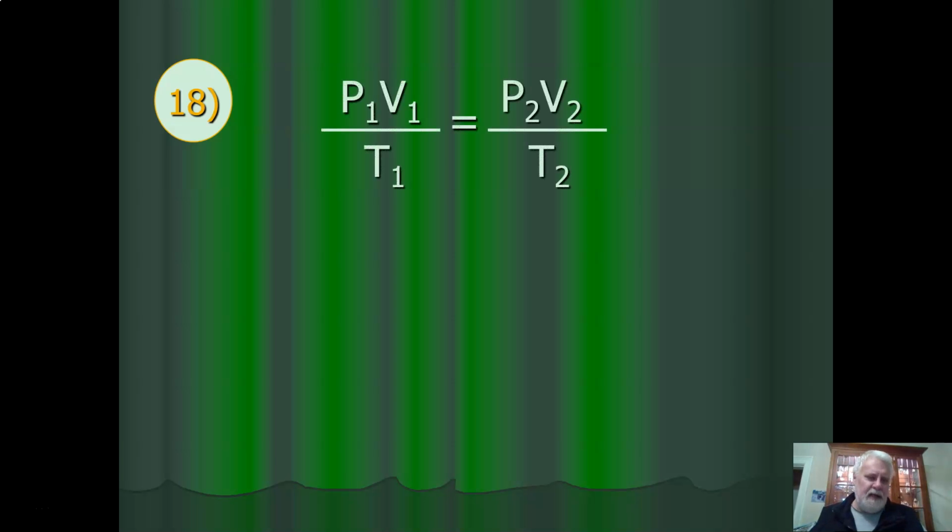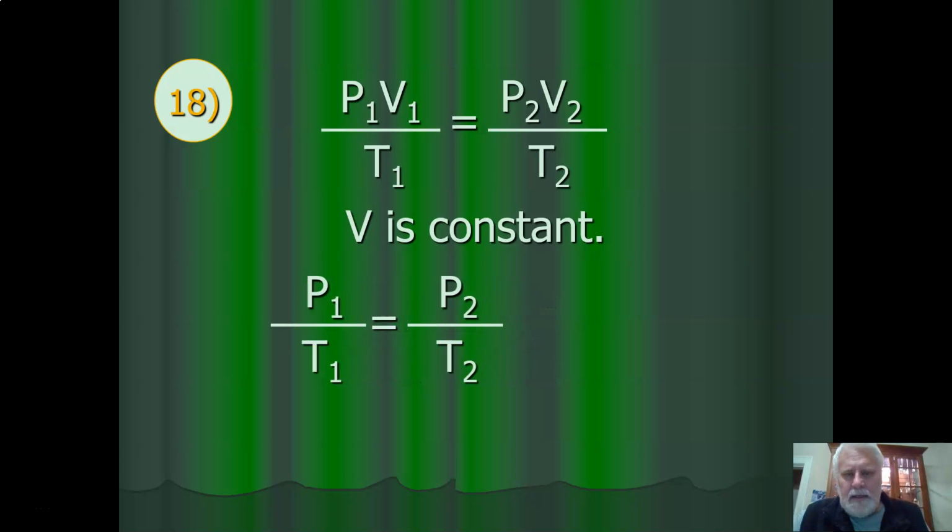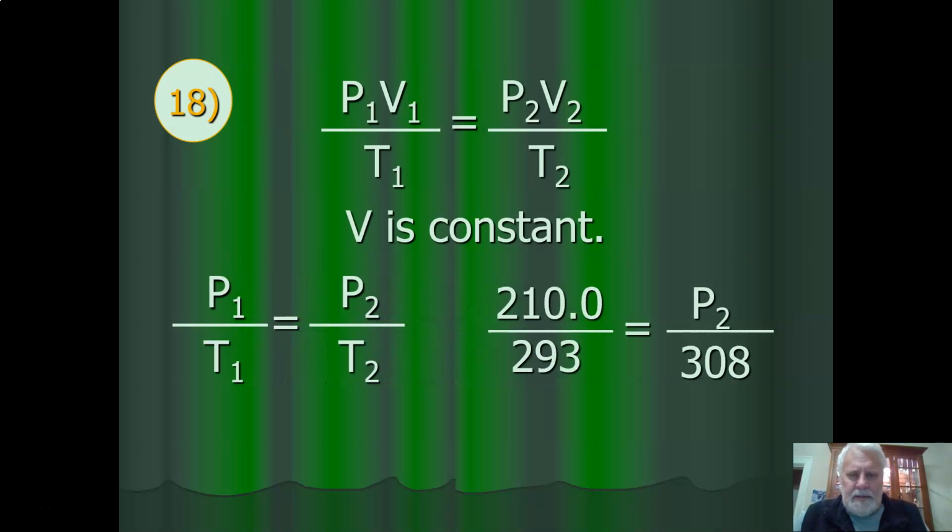So this is where you can think of it as the combined gas law with the volume being constant, because it's a tire, right? And so you can leave the volume out of the equation and use Amontons' law. So P1 over T1 equals P2 over T2. And initially, we had this pressure in kilopascals.